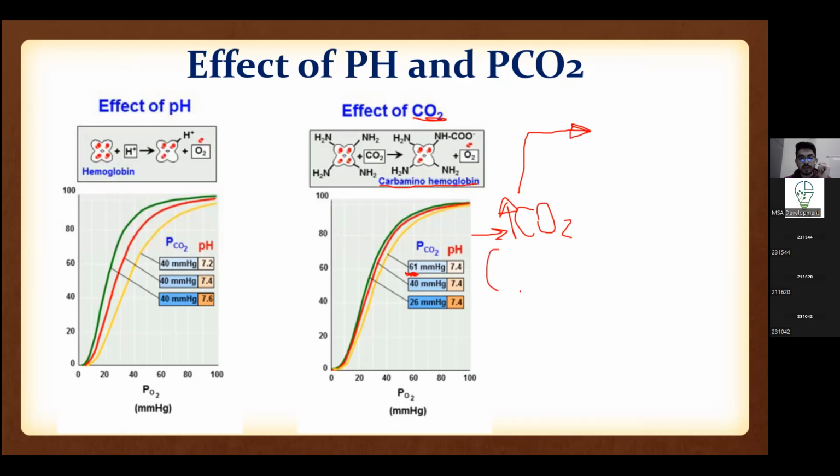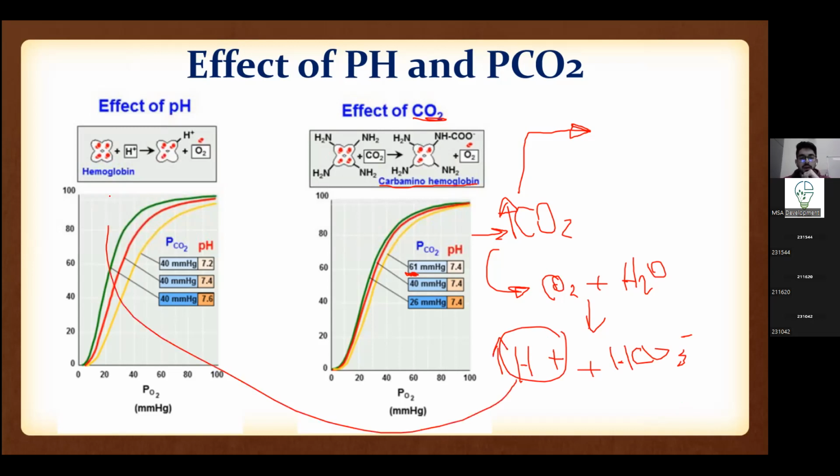The other indirect way happens when CO2 interacts with water. Water is present everywhere in our body. So when CO2 interacts with water, it's going to produce H plus ions plus HCO3 minus, or bicarbonate. If you remember from a minute ago, what happens when H plus increases in blood?